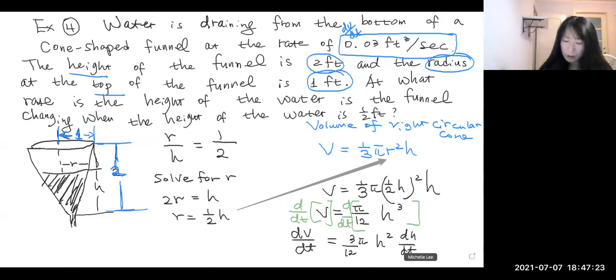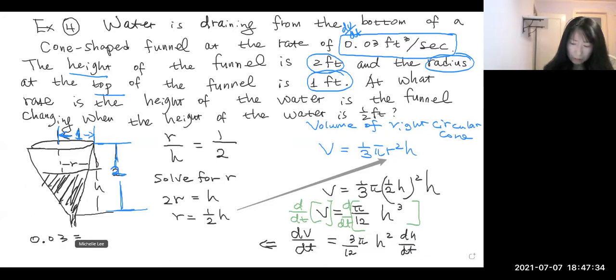Okay. Then let us substitute dv over dt, which is 0.03. And then we have pi over 4. H equal to 1/2. Okay.